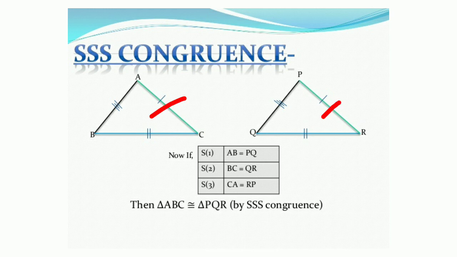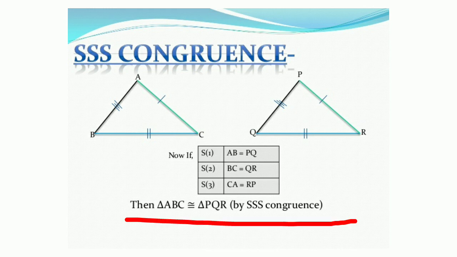AC equals PR, BC equals QR, and AB equals PQ. So the corresponding three sides are equal in both triangles, so these two triangles are congruent. Triangle ABC is congruent to triangle PQR by the SSS congruence rule.